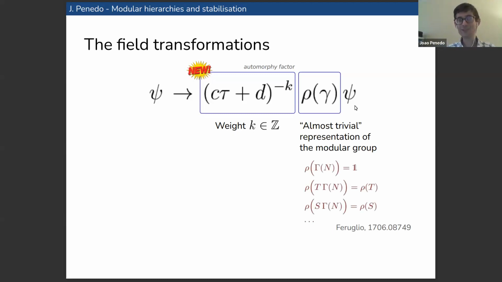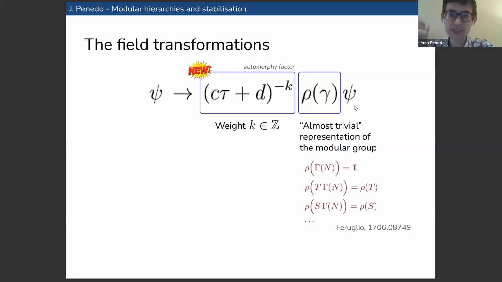Now, unitary matrix representations of finite groups, fine, we know this. We take the finite group, we can find the unitary representation. But the modular group is infinite. So the idea behind this by Ferruccio in this paper was to trivialize almost the whole modular group in this sense.